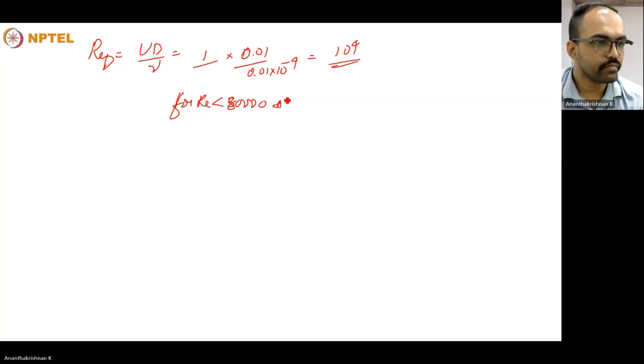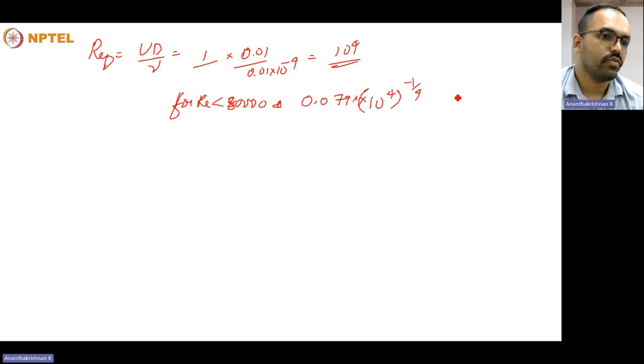0.079 into 10 power 4, the whole power minus 1 by 4. So this is the Blasius equation for finding F till 80,000.